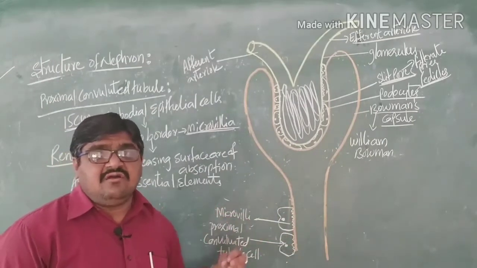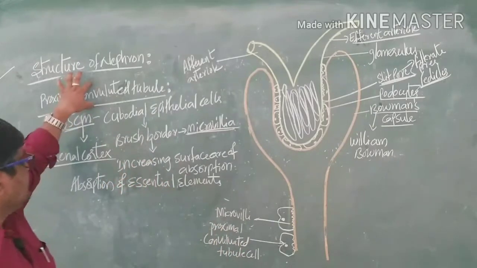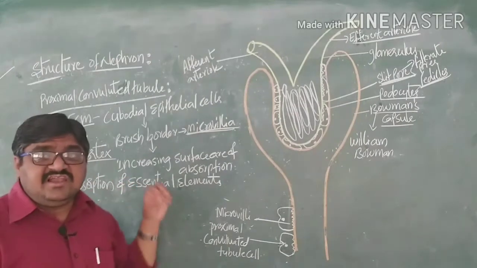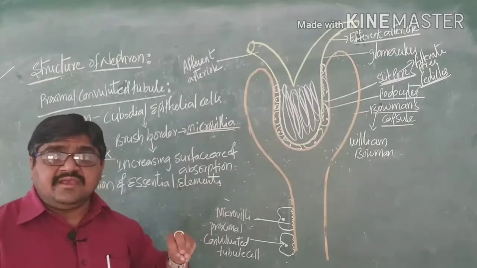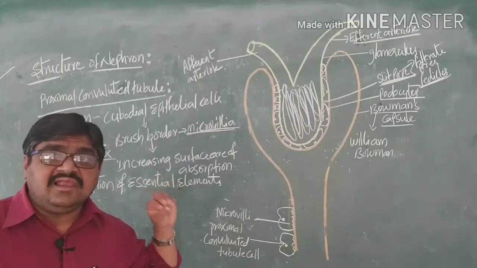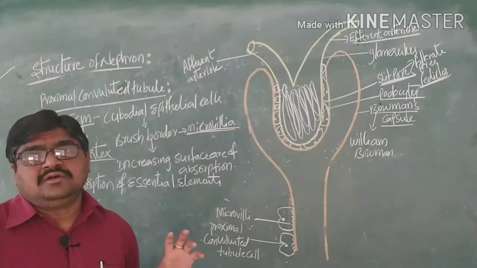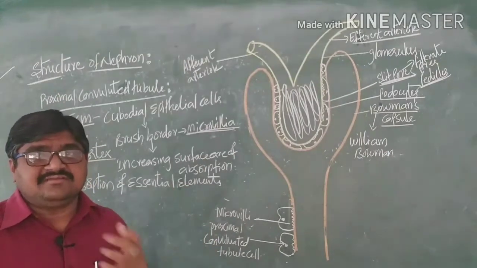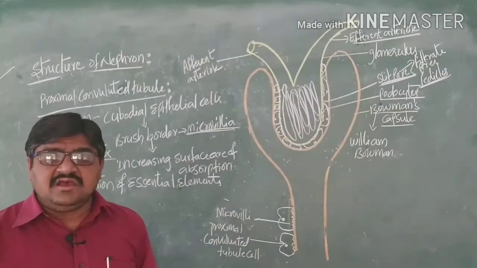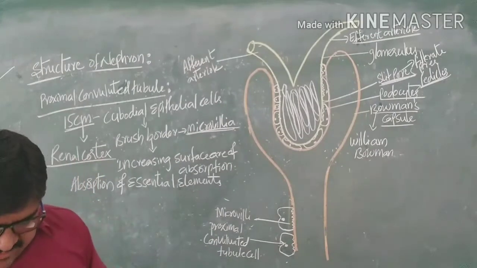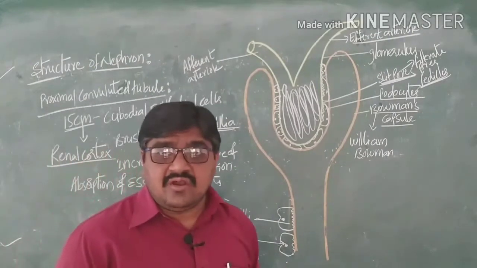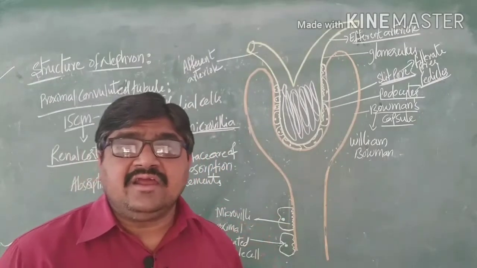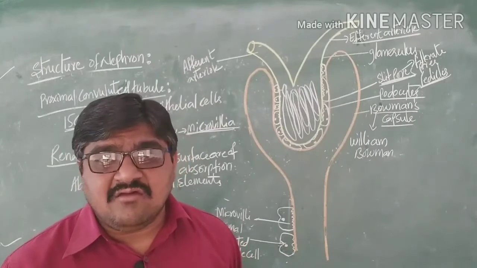The main function of the proximal convoluted tubule is the absorption of all essential elements. Glucose, amino acids, sodium, potassium, all these essential elements which are required for the body are absorbed in the proximal convoluted tubule only, where it consists of microvilli.